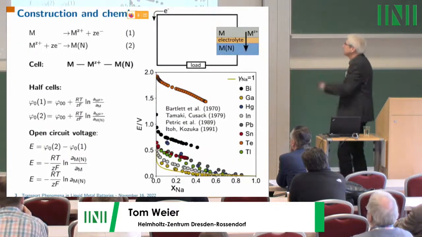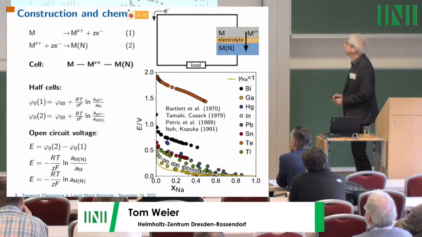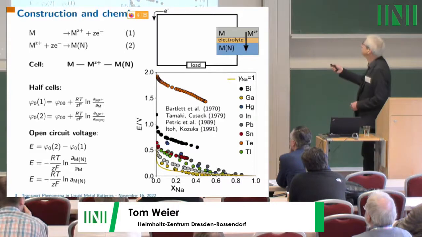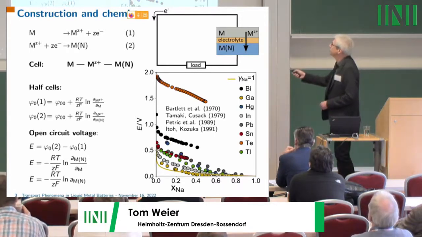So this is an add-on to what I planned, just basic electrochemistry on liquid metal batteries, the traditional ones. So we have two interfaces, the anode-electrolyte and the electrolyte-cathode interface, and there is this M, say it's lithium.